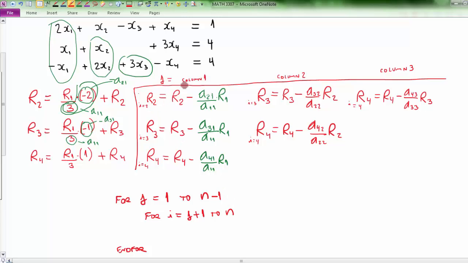So if j is 1, i starts at 2, that's j plus 1. If j is 2, i starts at 3, that's j plus 1. If j is 3, then i starts at 4, that's again j plus 1. Those are the two loops, and then inside the loop we use the formula.